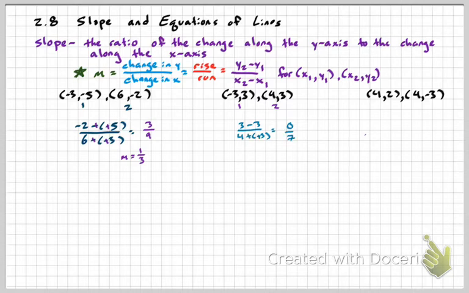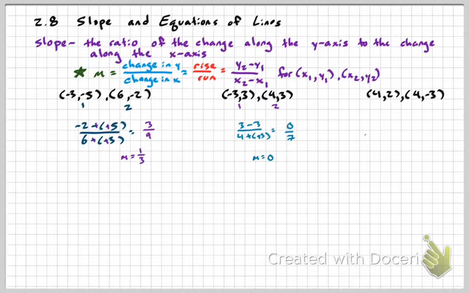Now, if the 0 is in the numerator like this, then my slope is 0. All right, so there's something called zero slope. That is if our line is horizontal. So if I was to graph and plot those 2 points and then connect them, I would get a horizontal line. So any horizontal line has a slope of 0.